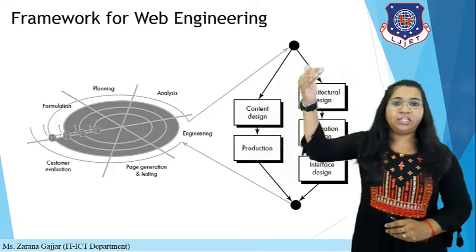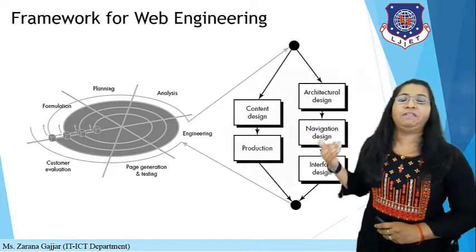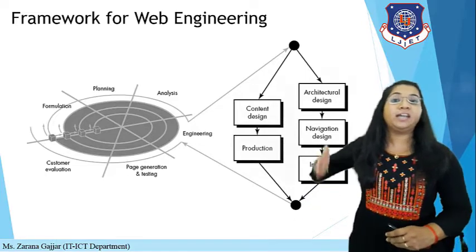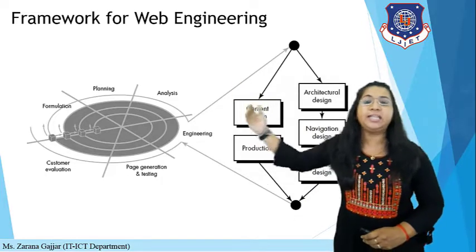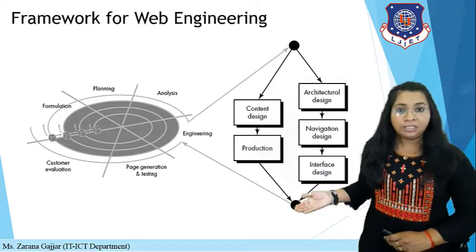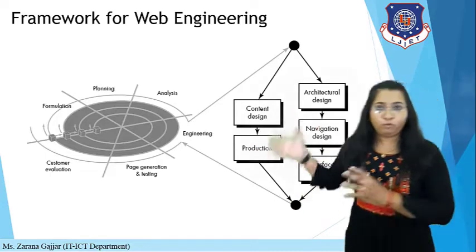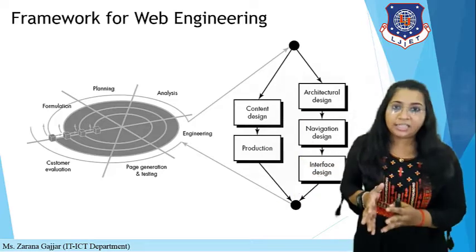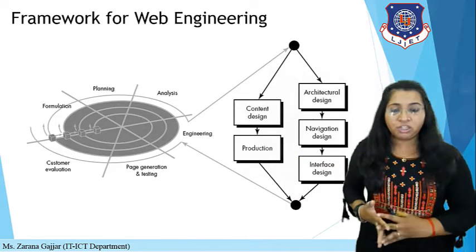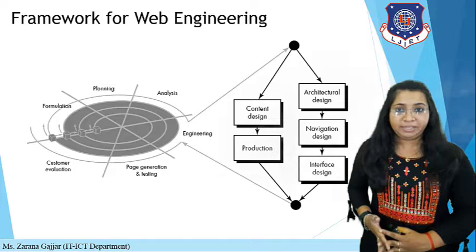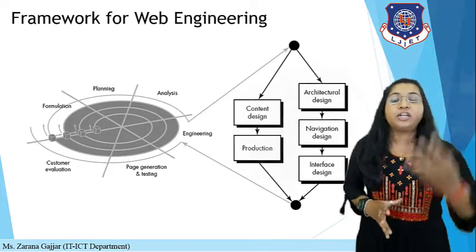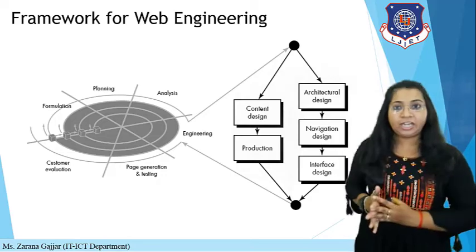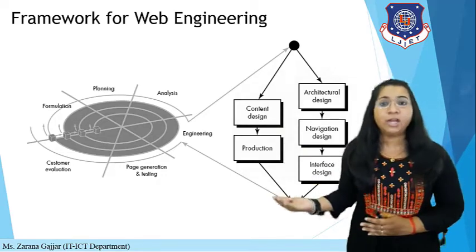On one side architecture design is done, then you can perform navigation design, and then interface design. But in parallel you can also perform content design and the actual production of your system. So you plan for the web application, then you analyze it, you perform engineering for that specification, then you construct the web page, that is page generation and testing activity, and then customer evaluation.